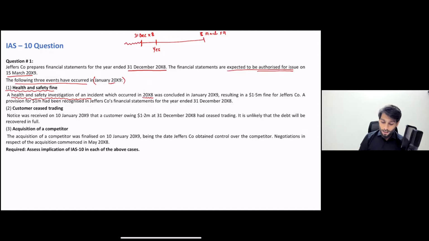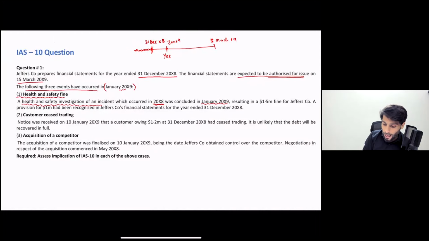The investigation was concluded in January x9, resulting in a $1.5 million fine for Jeffers Company. So Jeffers Company has to pay a $1.5 million fine as a result of losing the court case. Now the question is, should this $1.5 million fine be termed as an adjusting event?